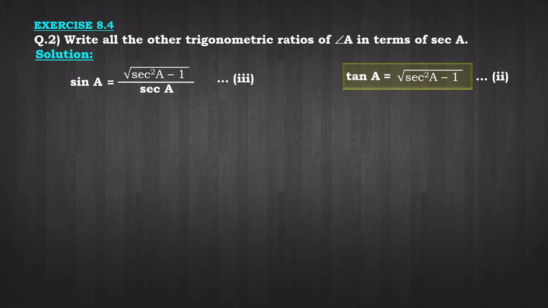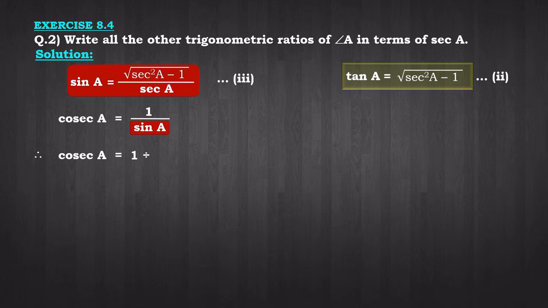Now, let us continue solving question 2 from exercise 8.4. Previously, we found that sin A is equal to the square root of secant squared A minus 1 divided by secant A. This is equation 3. Now let us find cosecant A. We know that cosecant A is equal to 1 upon sin A. Substitute the value of sin A from equation 3.